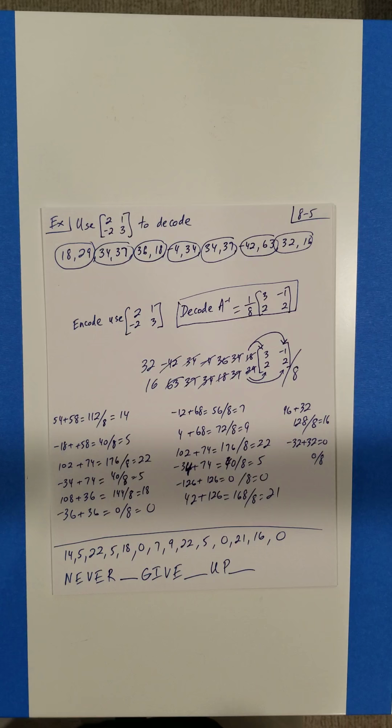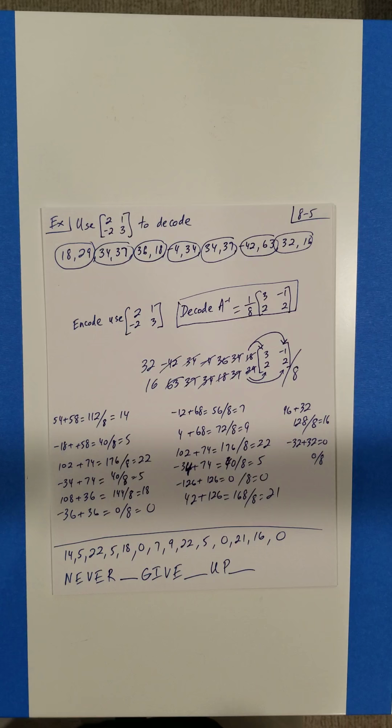So I'm going to start here with 3 negative 1 2 2. I'm going to multiply, and then afterwards I'm going to multiply by 1/8, or what I can do is divide by 8.